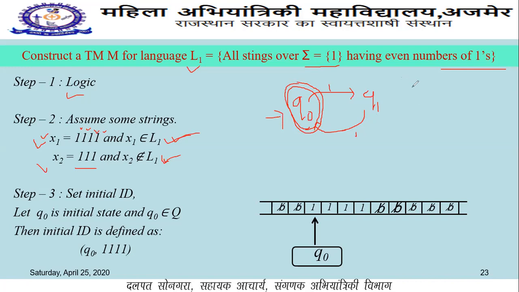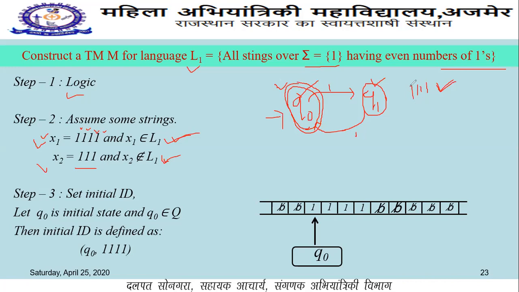For any string of ones, if we process it and the string has an even number, then we stop at state Q0, and that is our accepting state, meaning a final state. So input is accepted if we reach state Q0, and this is a non-accepting state: whenever we are at state Q1, it simply means that we have read an odd number of ones.